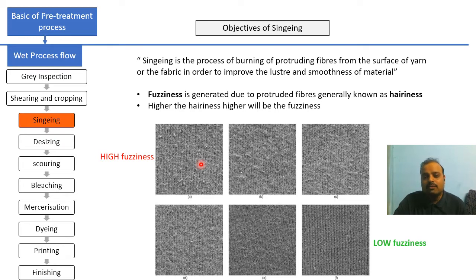So one of the important objects of the singeing process is to remove hairiness. We just remove the hairiness, so there is no question of having fuzziness. So no fuzziness means your fabric appearance is really good, right? So the singeing process removes the hairiness. How does it remove it? By burning it. Literally, this process burns the protruded fibers and makes the surface smoother, more lustrous, and it appeals good to the eye.